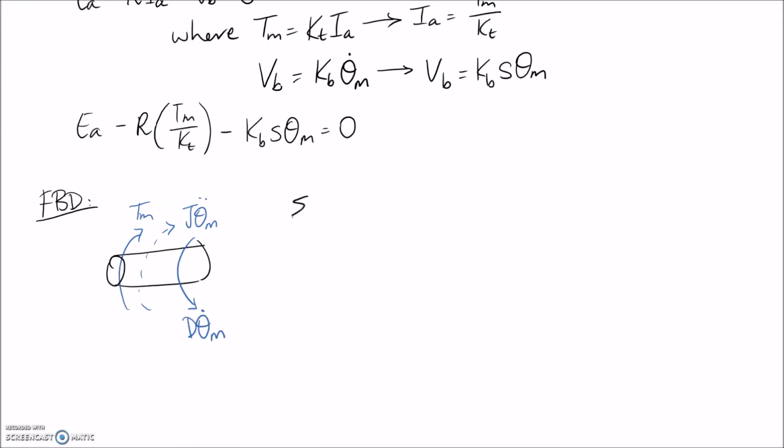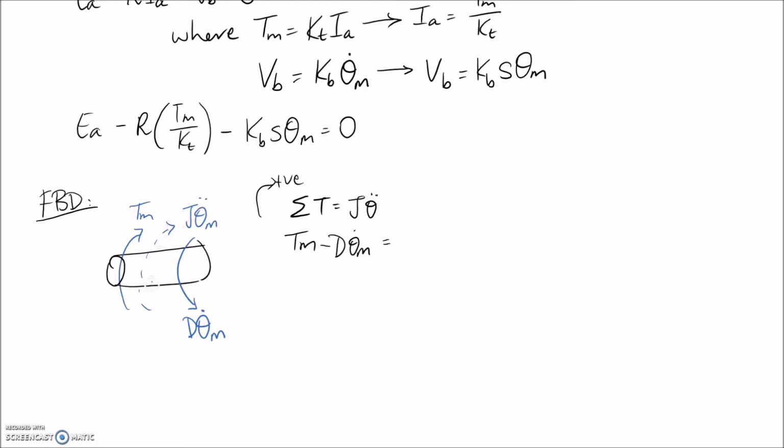So let's go ahead and develop our equation of motion. J theta double dot. Alright, I'm going to treat this direction as being positive. So Tm is going to be in the positive direction. This one here is in the negative direction.